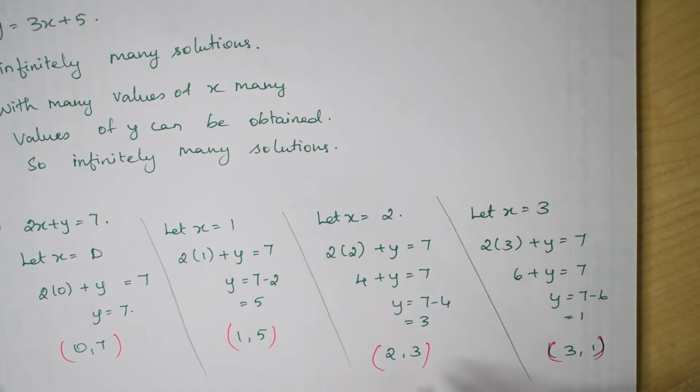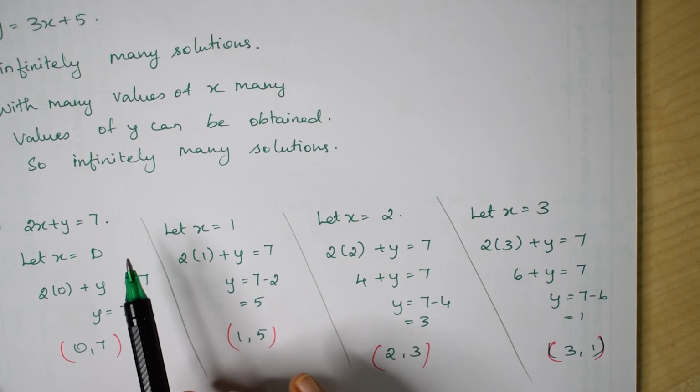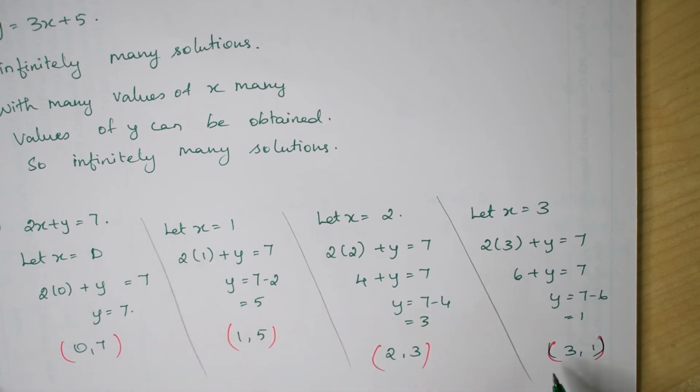So all these 4 points are lying on the straight line 2x plus y equals 7. If I draw a graph line for this linear equation, we can see that the line passes through all these 4 coordinates.